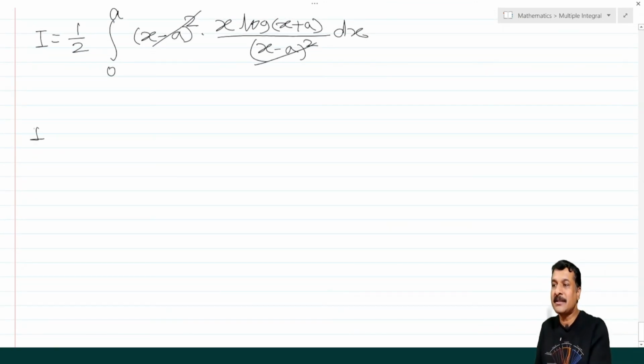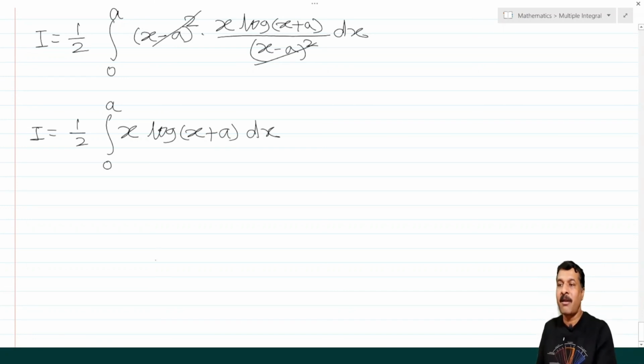So what is it? I equal to 1 by 2 integration 0 to a x log x plus a into dx. So u into v rule, integration by parts.